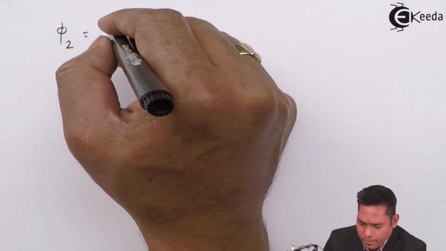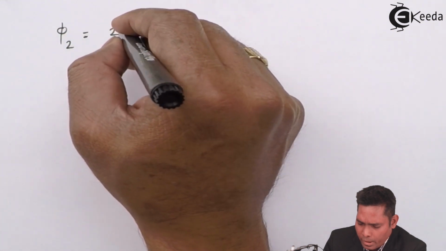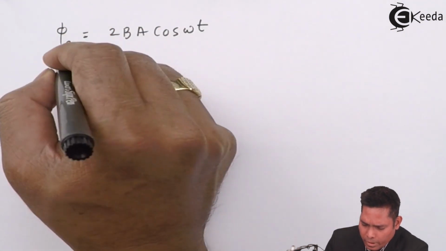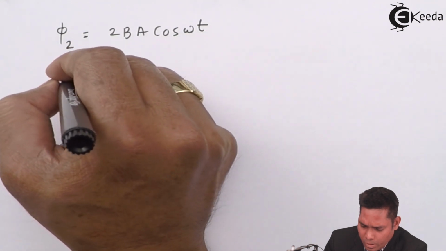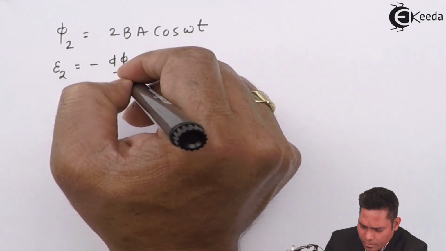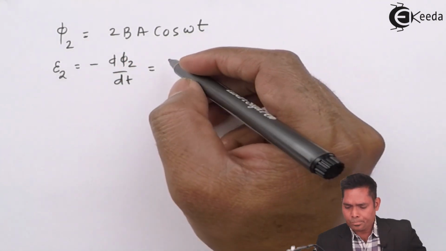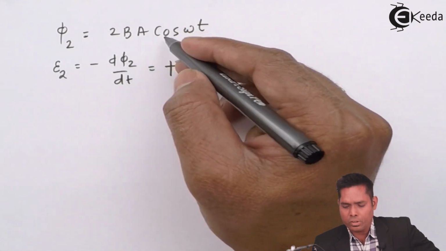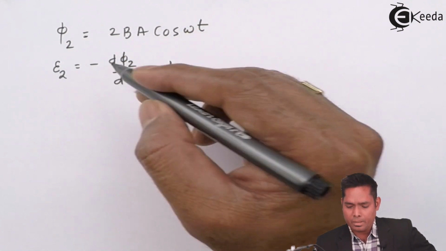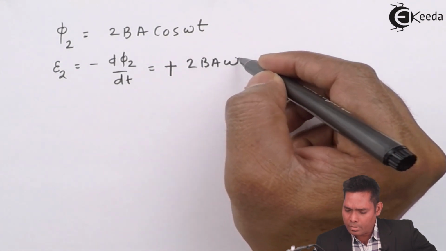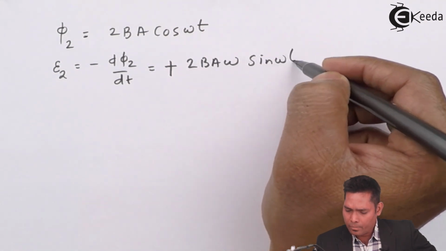Phi 2 will be 2BA cos omega t. Then E2 is minus d phi 2 by dt. This is minus minus plus, because the differentiation of cos is negative, so it comes out to be 2BA omega sin omega t.